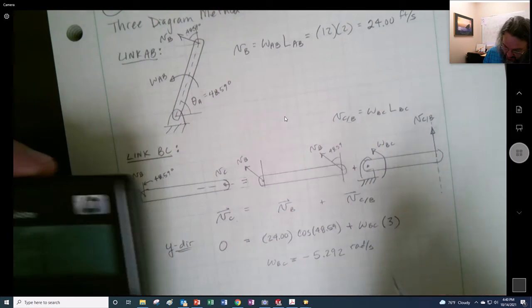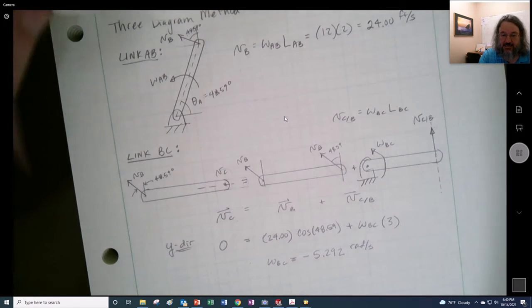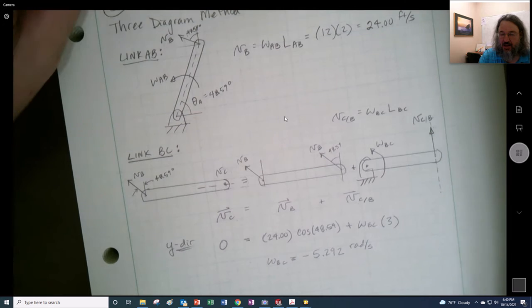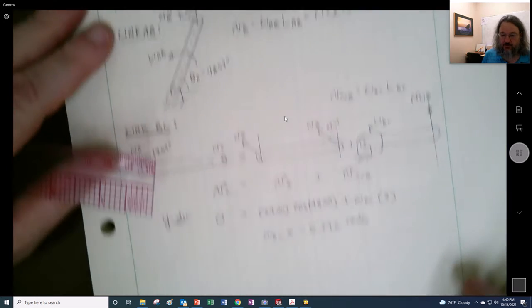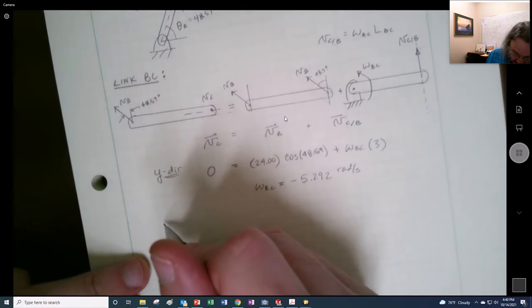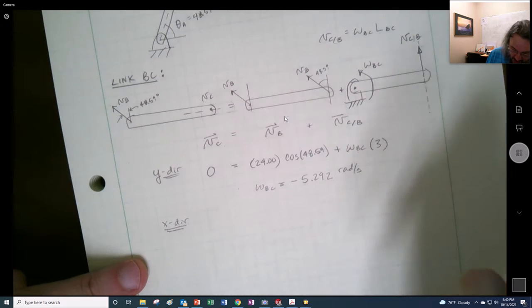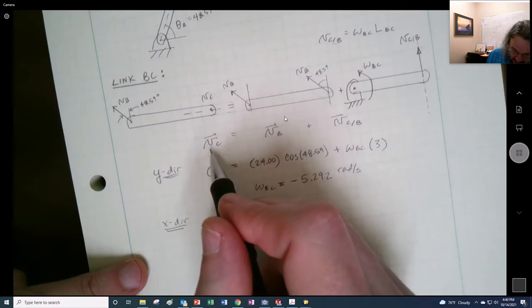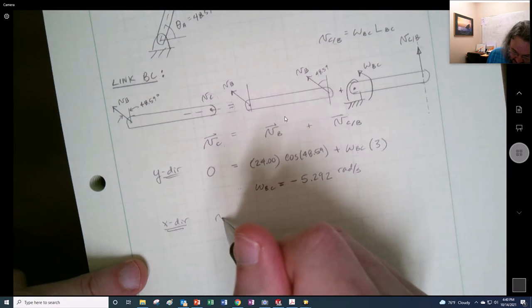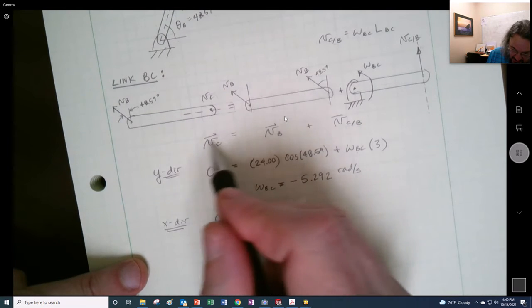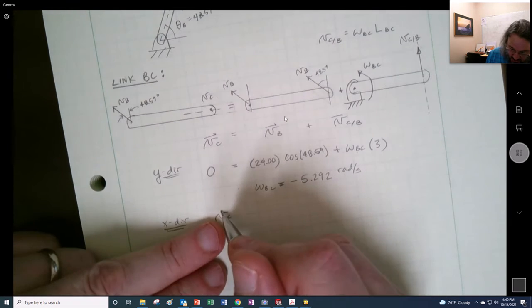Radians per second. And I didn't actually need that, but I will in my ICR method, I believe. Okay, but now in the x direction, this is the one that I actually need. The velocity of c, which is the entirety of the velocity of c, but it's only the x direction, so I don't need a hat onto it.